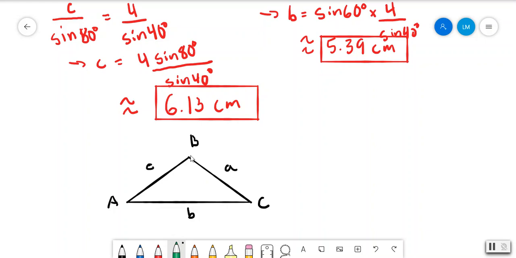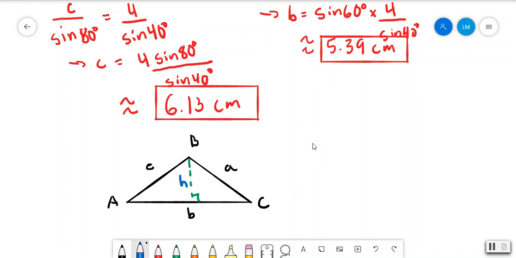Well, what if I were to drop the altitude of this, where I form a right angle? And what we can do here is label the bisecting line as the height.